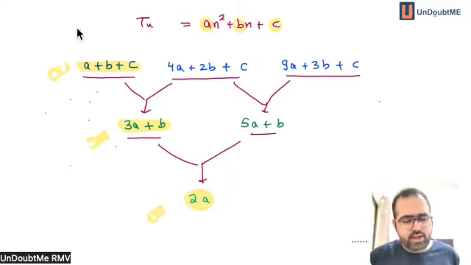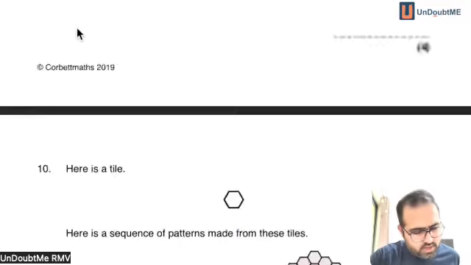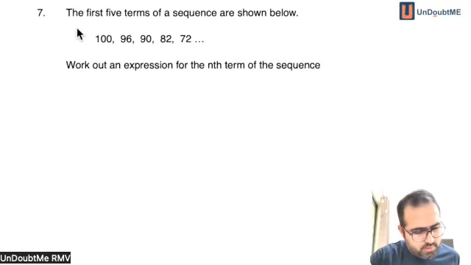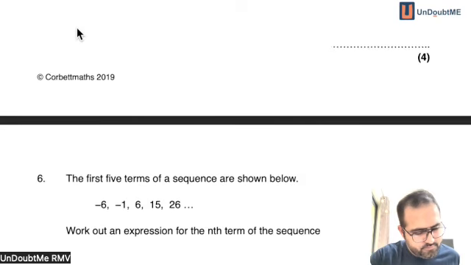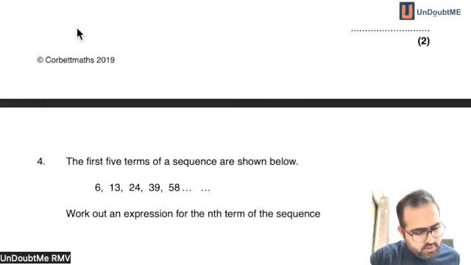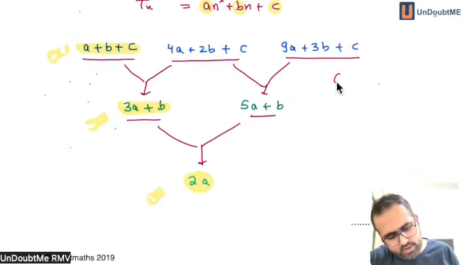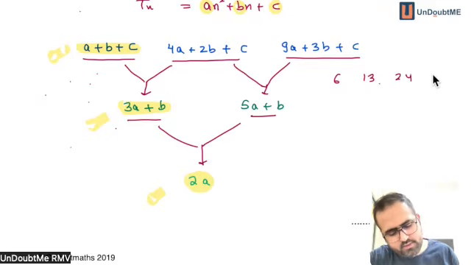And these three expressions will be equated with the numbers of a proper quadratic sequence. Now, for example, I'll just take an example so that I can show you the application of this. 6, 13, 24, 39, 58. I'll write it down over here: 6, 13, 24, 39.